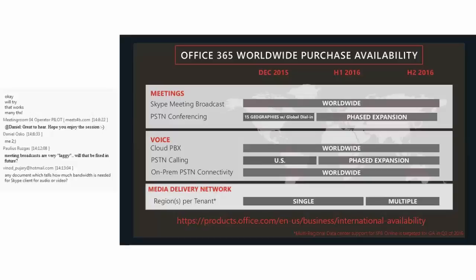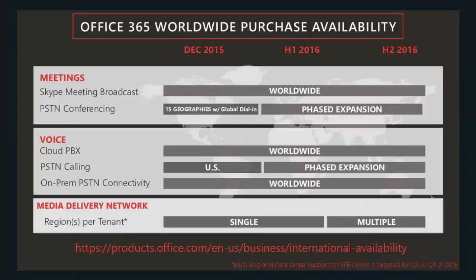Although we have to say that this type of feature has also a lot of legal things in the background, and this is why it could be that this feature would be available in certain countries earlier, but in other countries a little bit later. And then, of course, we have the possibility to connect our on-premises PSTN to the cloud, and this is also available right now everywhere.